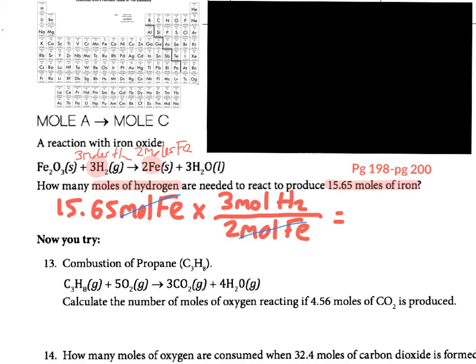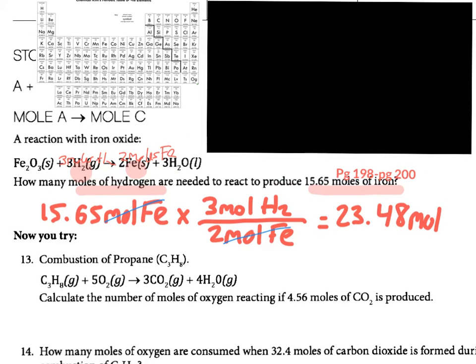So by doing this calculation, I get the answer 23.475 or 23.48 moles of H2. And that would be the answer of this stoichiometry problem where you're given a mole quantity, find a mole quantity. So you just set up what we refer to as this bridge step.